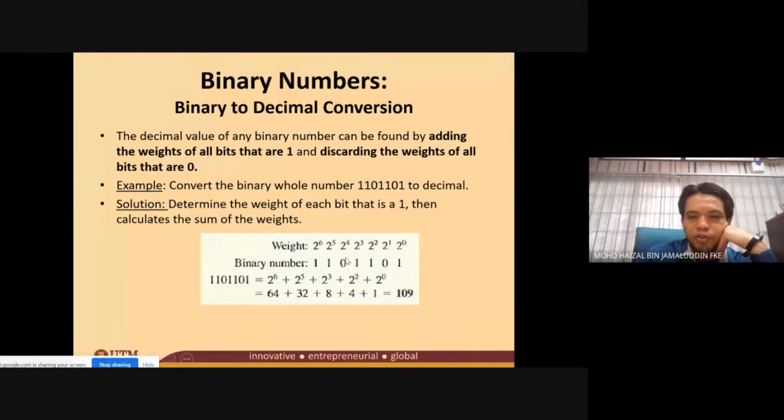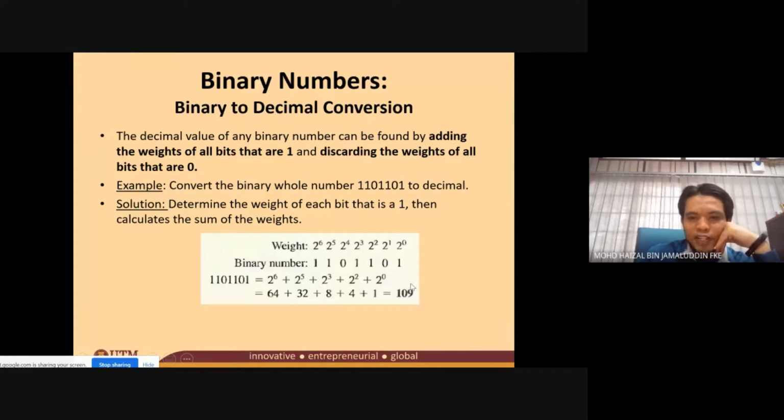So of course it will be 0, and so on. 2 to the power of 0 times 1, 2 to the power 1 times 0. When you multiply by 0 it is 0, so you don't need to write it here. And this number represents the decimal number 109.